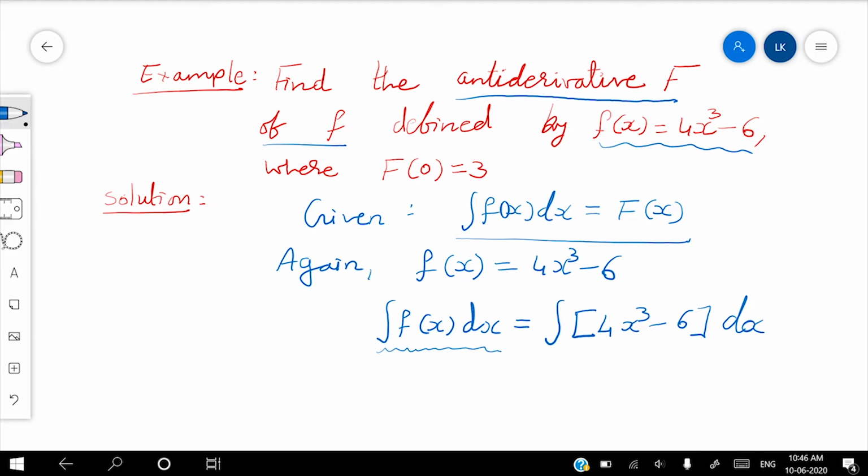On the left hand side, what is the value of integral of f(x) dx? Correct, it is capital F(x), equal to, on the right hand side, simplify it. Integration of x cube, you know that, is x raised to 4 upon 4, correct? Minus, here 6x.